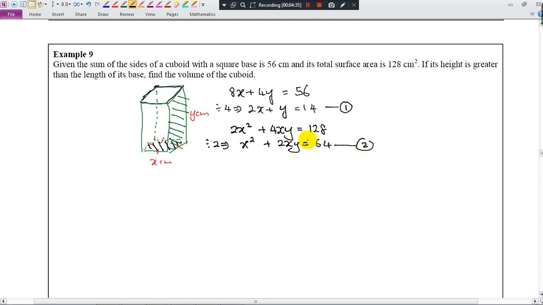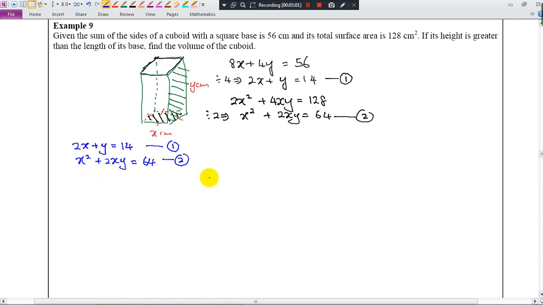Okay, so now you have two equations. Let me write down the two equations here first. 2x plus y equal to 14, and x squared plus 2xy equal to 64. That's going to be the first one, and this the second one.